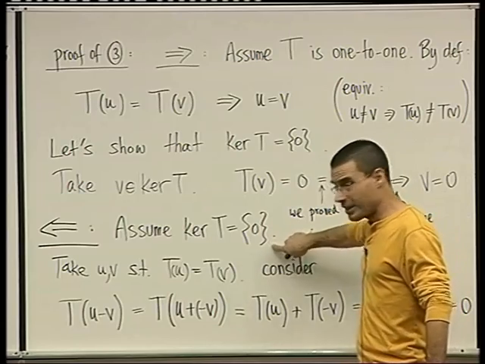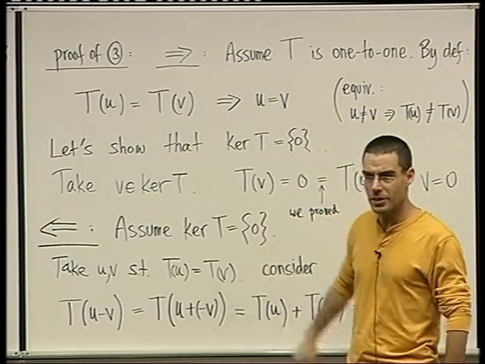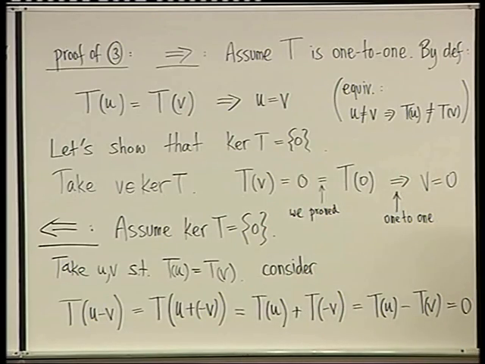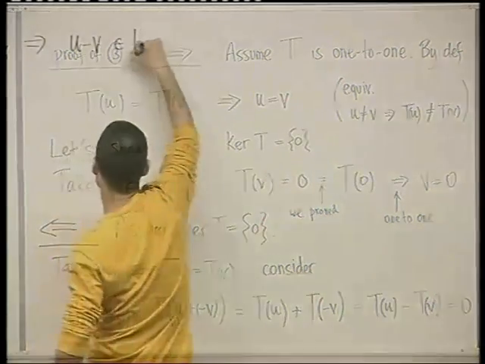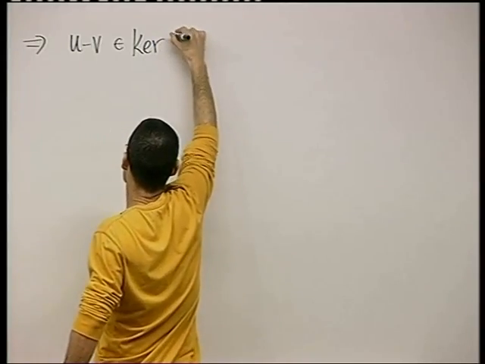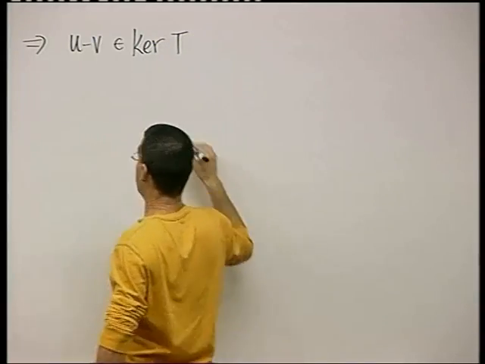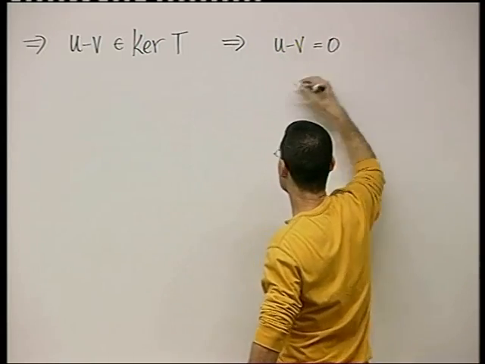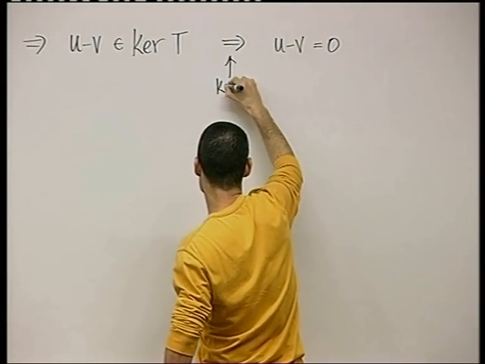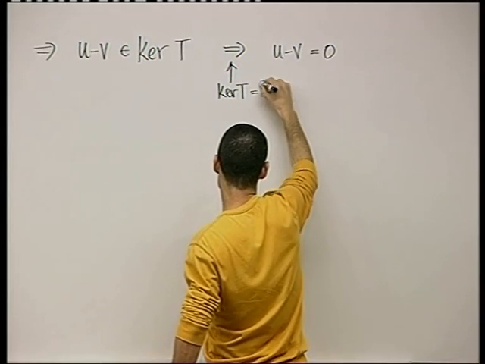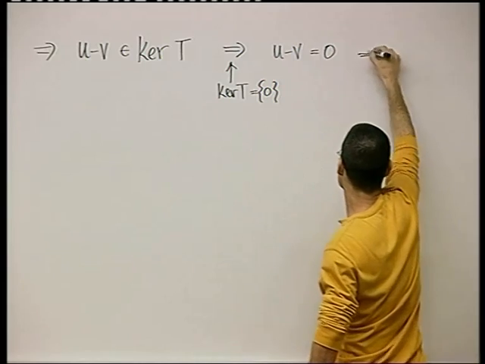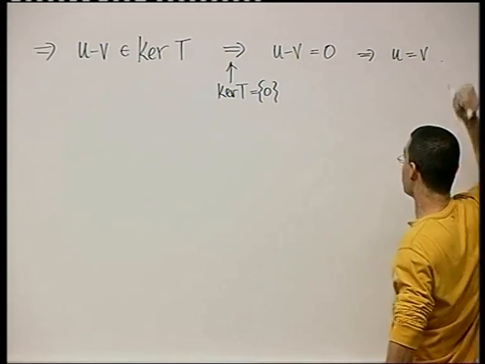But we're assuming that the kernel is 0. So it means that U minus V is 0. So this implies that U minus V belongs to the kernel because T of it is 0. And in turn, this implies that U minus V is 0 because we're assuming in this direction that the kernel only contains 0. And therefore, U equals V.